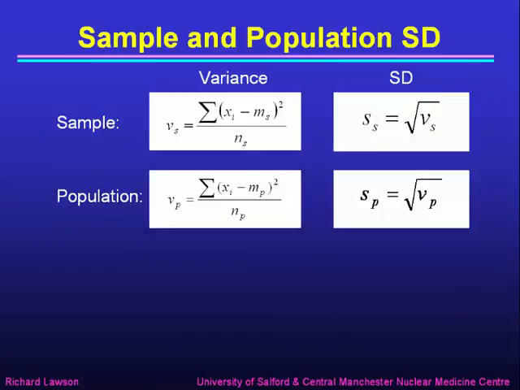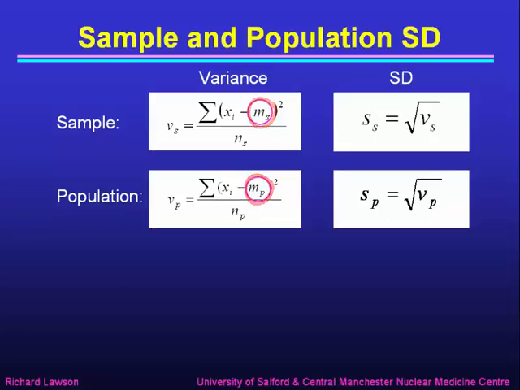Well, the formula for the standard deviation is based on calculating the variance first of all. And here we look at the formula for the sample variance and the population variance, and they're very similar. The differences are that the sample variance subtracts the sample mean from all the measurements, and the population variance subtracts the population mean from all of the measurements.